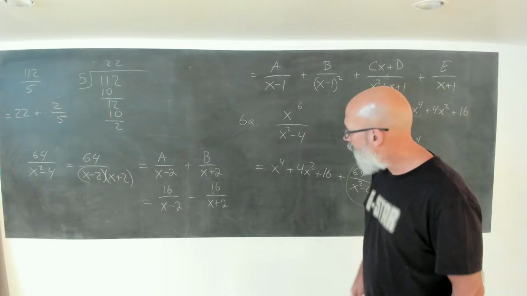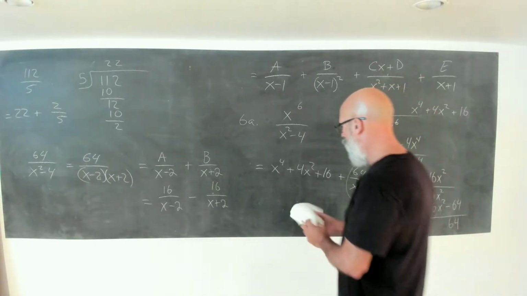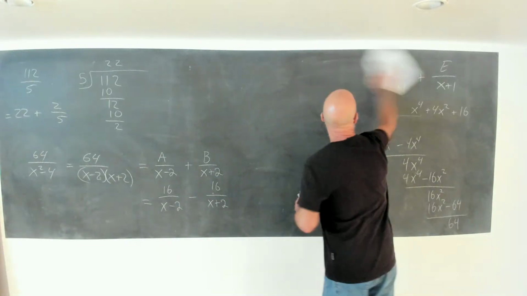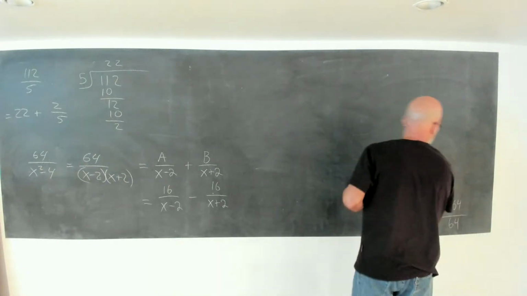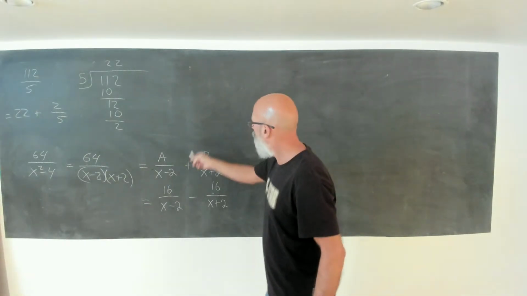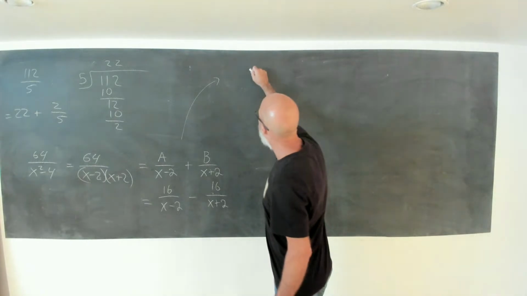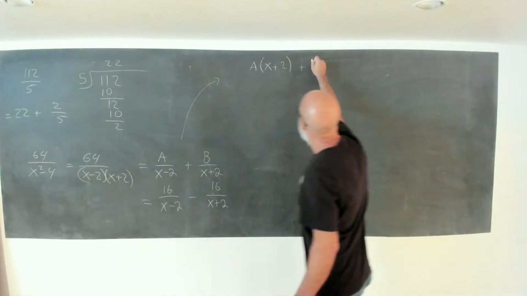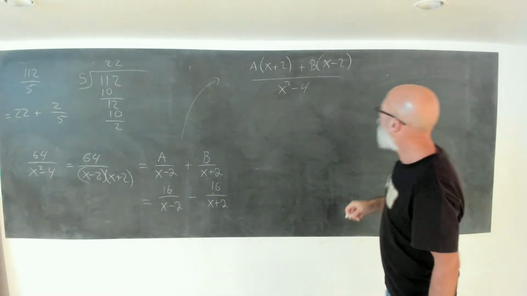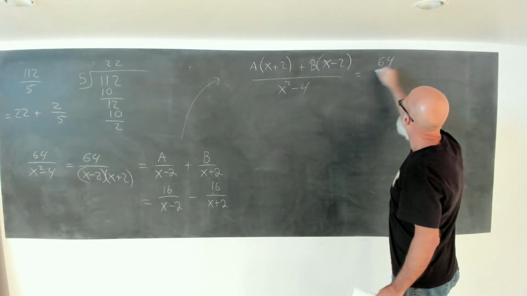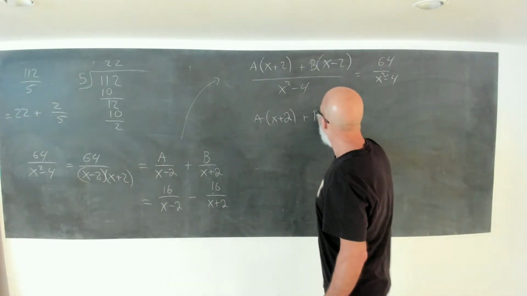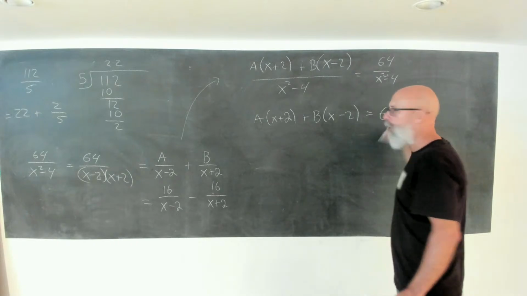Gemma is asking where the 16 comes from. Well, you've got to solve. Right here, you would put everything over a common denominator. So a times x plus 2 plus b times x minus 2, and that should be equal to 64 over x squared minus 4. So you have a times x plus 2 plus b times x minus 2 should be equal to 64.